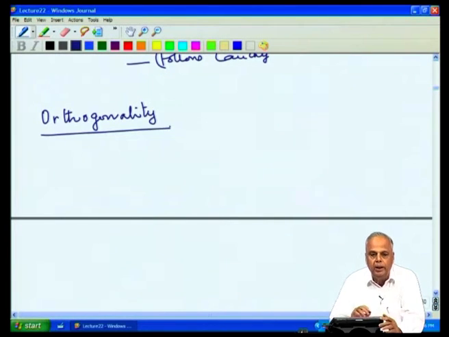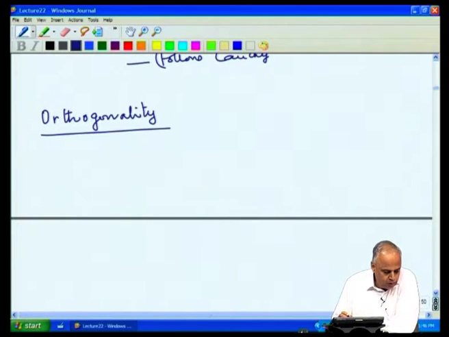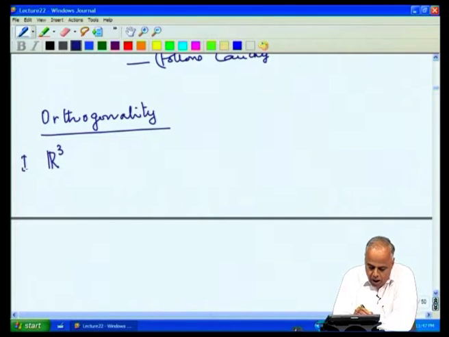The first implication of the inner product is that it induces the notion of a length. The second influence of the inner product is the notion of orthogonality. So, what do we mean by that? Again look at R 3.